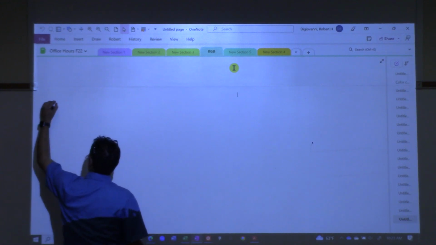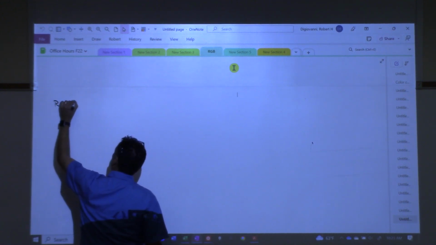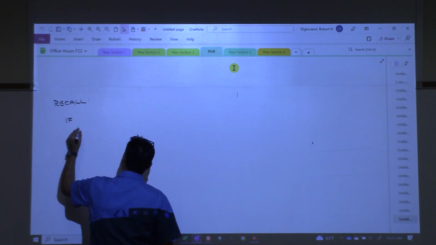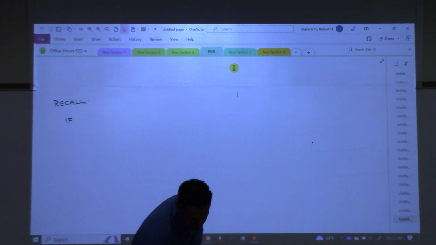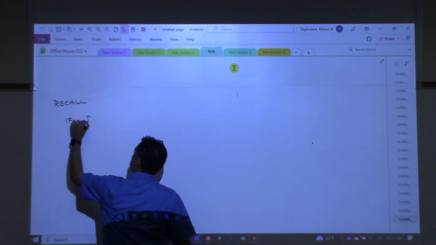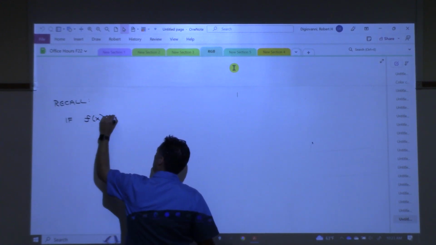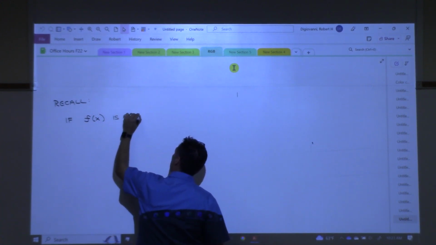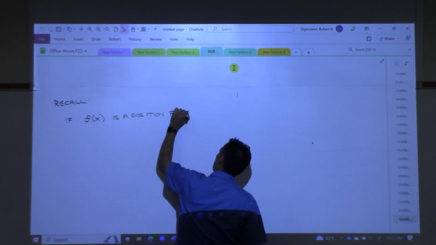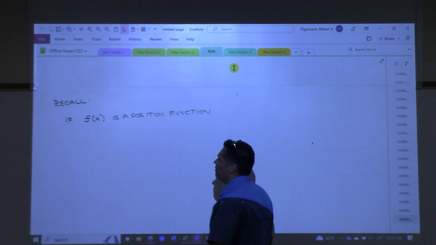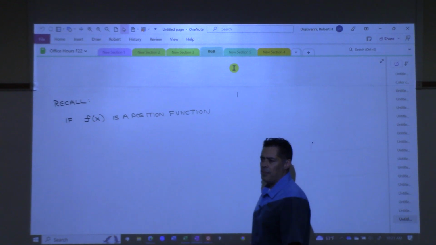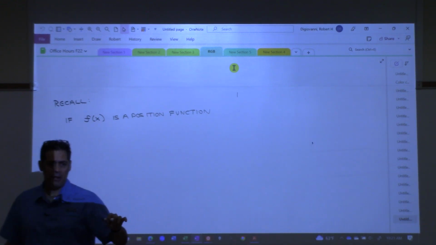All right, recall that if, let's see, are they using S of t? Yeah. If f of x is a position function, all right, so let's say I give you a function f of x, and it gives you the position of some object, all right?